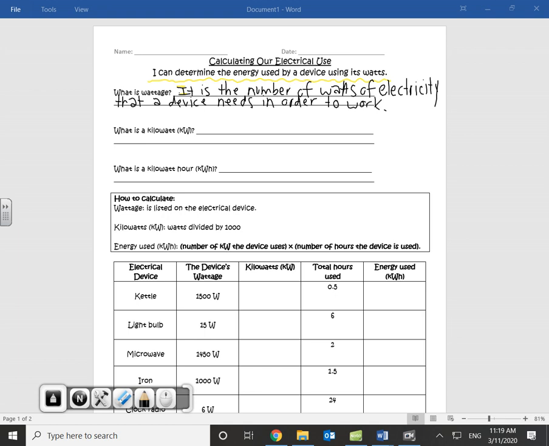So basically, watts is the energy that a device needs in order to work.